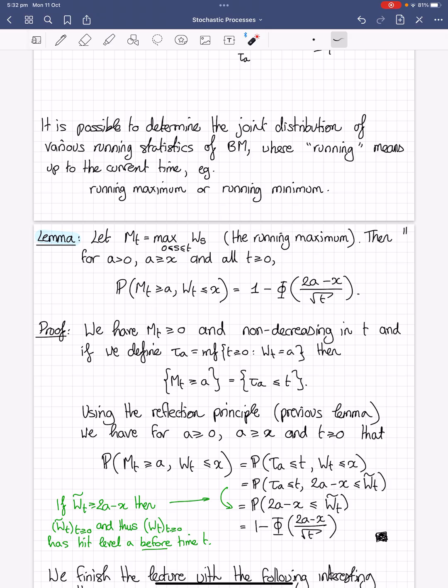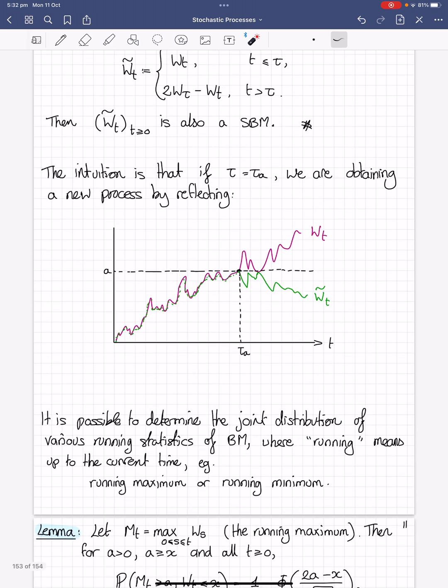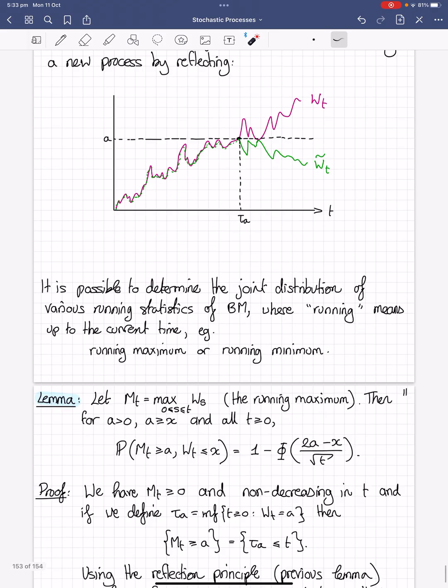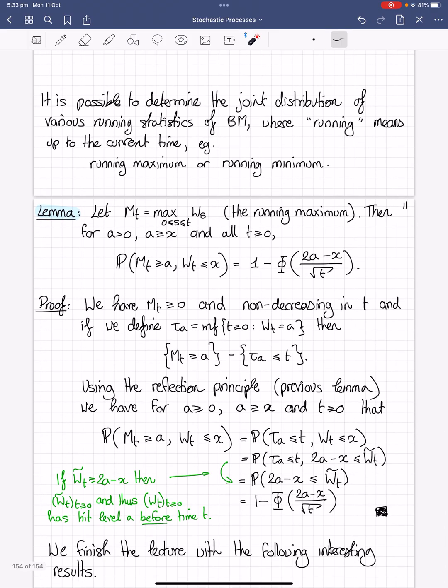But using this representation here, taking tau to be that hitting time, we have that this is equal to this.